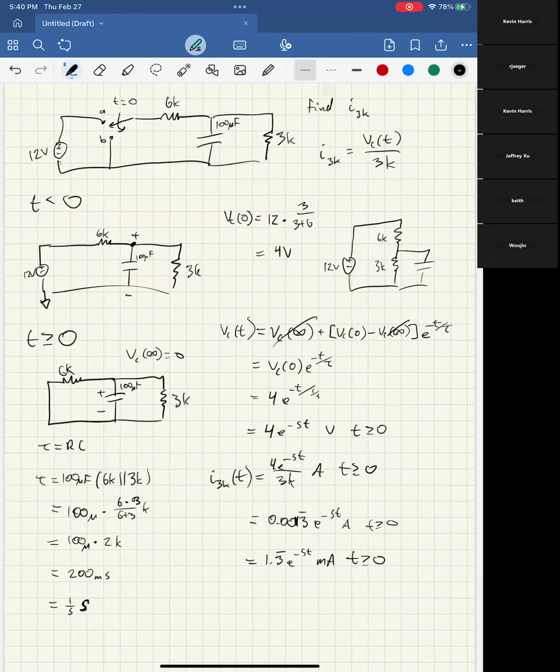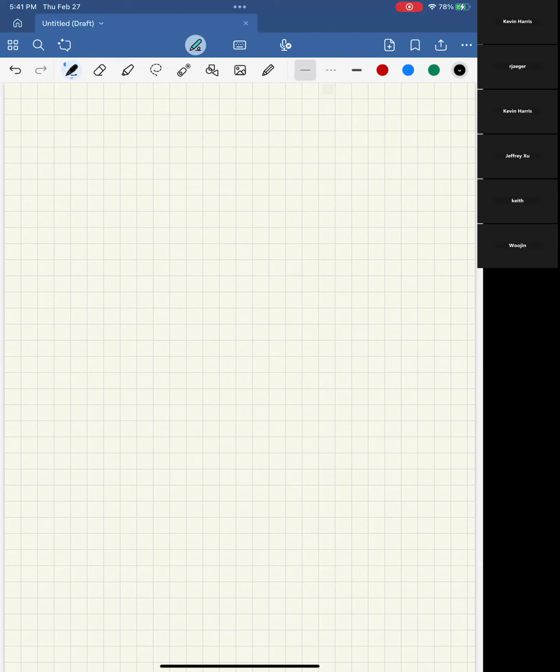I guess I could ask for the power through a resistor over time, where you'd need to find the current and the voltage and then multiply them, but I don't think that'll be on here. This quiz will just be: find the voltage across the capacitor over time and then maybe use that to find some other part of the circuit.